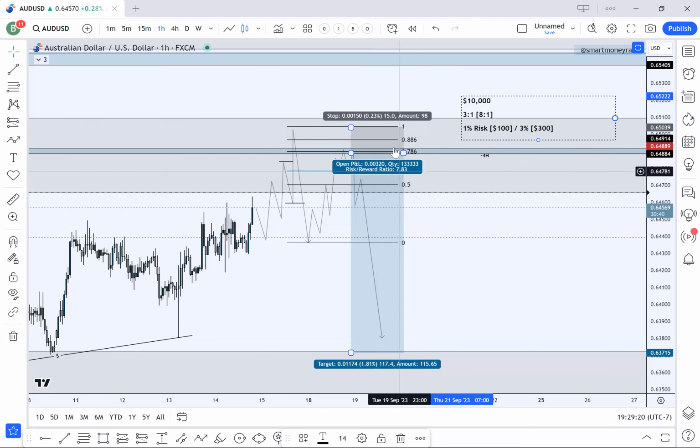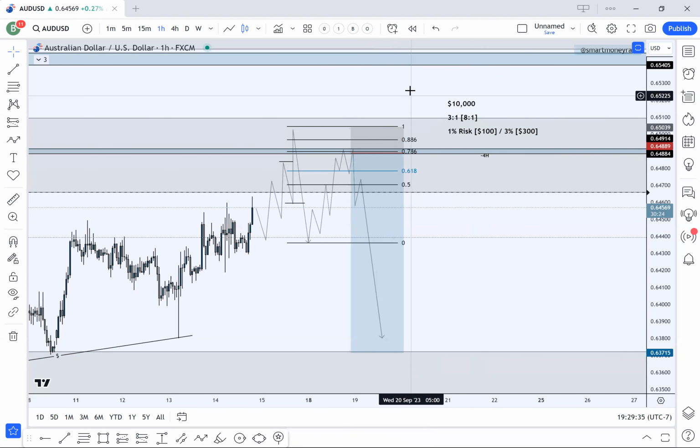But either way, just looking at my risk reward, if I'm risking 100, I'm looking to make $783, because it's a 7.8 to 1 risk reward. So for every 100 that I'm risking, I'm making 783. That's basically how you would calculate your position.